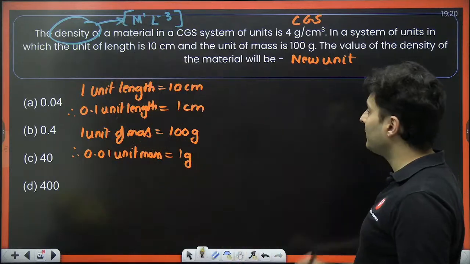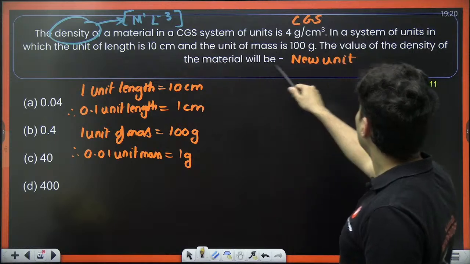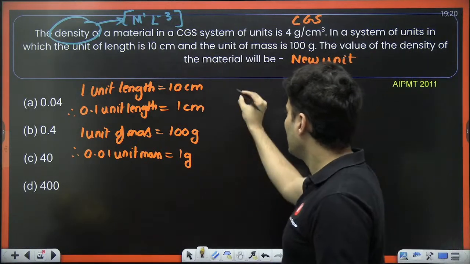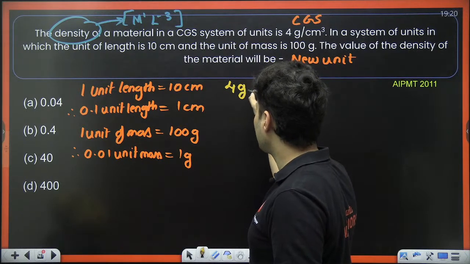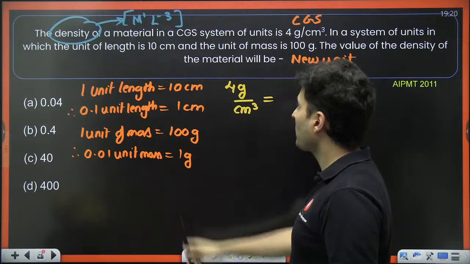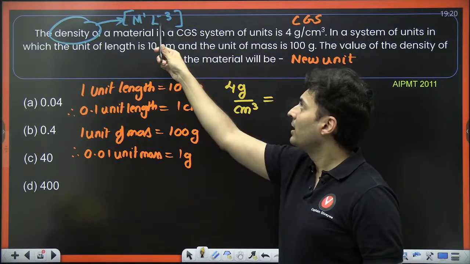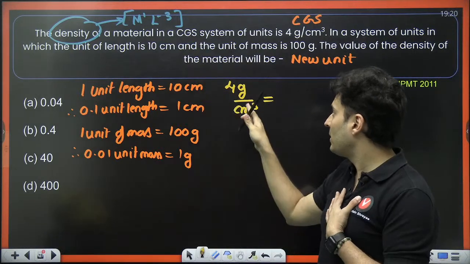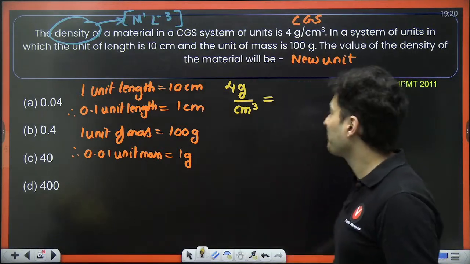Starting off, the value of the density of the material is 4 grams per centimeter cube. Observe this now. M is on the top, length cube is below. Dimensions are perfectly matching with the units, no problem.